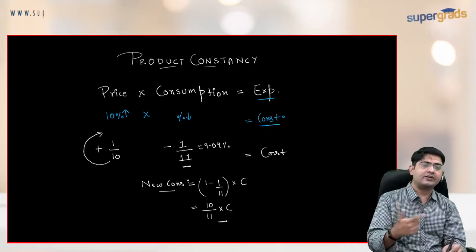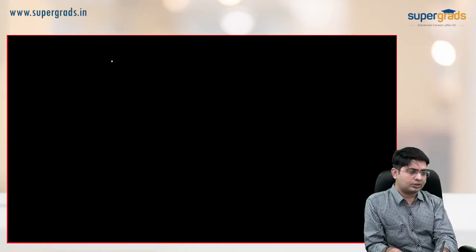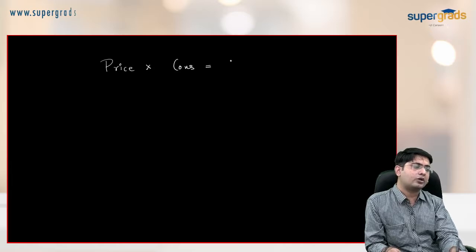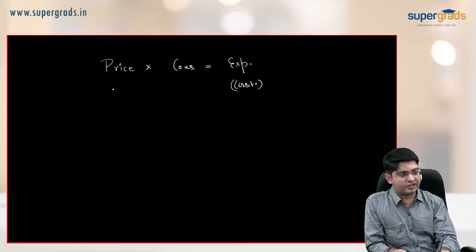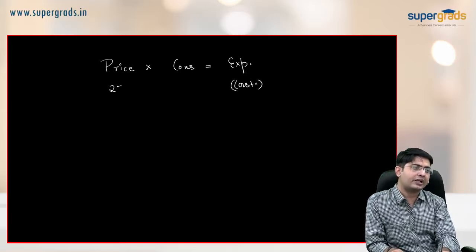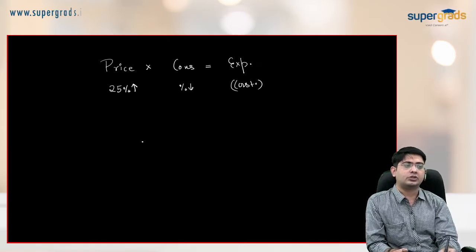Let us take one more example. Price multiplied by consumption is equal to expenditure, and I want to keep expenditure constant. If the price has been increased by 25%, by what percent will consumption reduce?